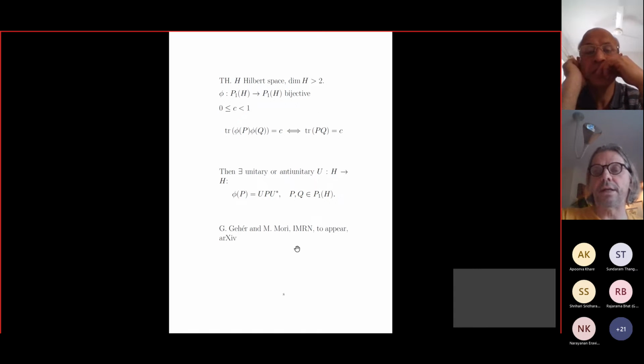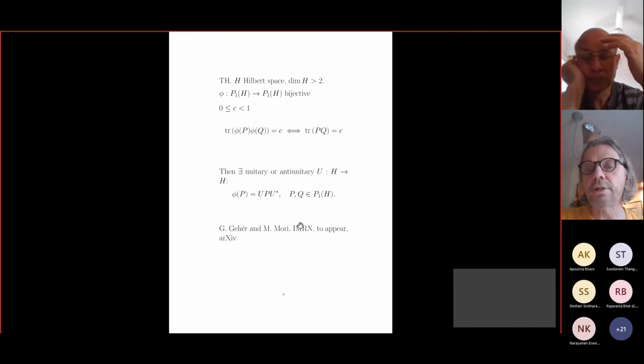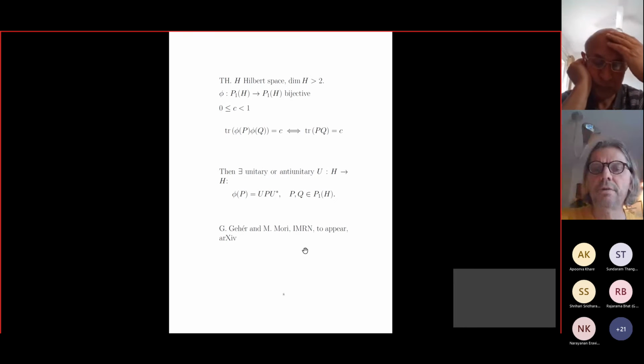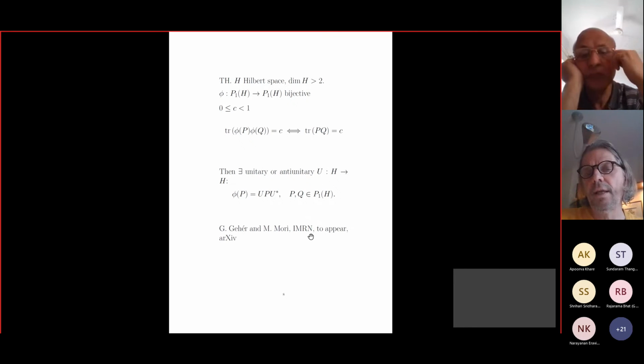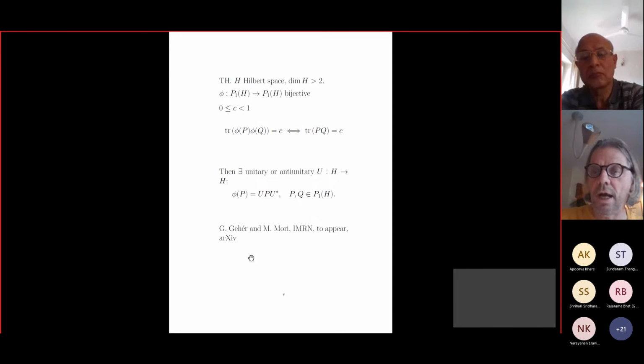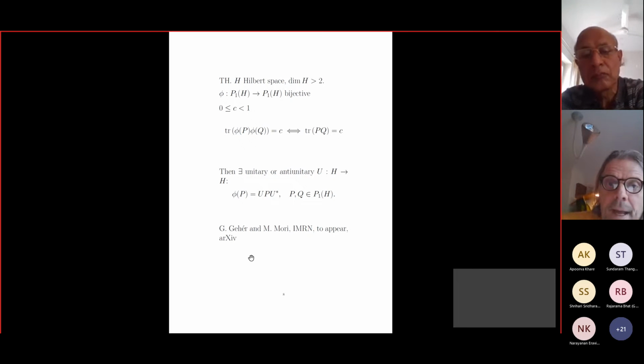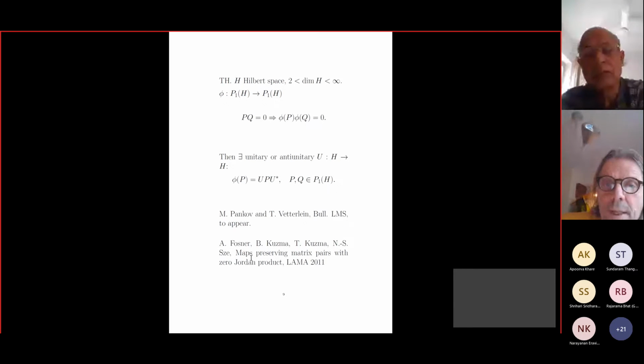It will appear in International Mathematics Research Notices. So this is a rather new result. I believe the electronic version is already available on the IMRN webpage. If not, you can find the paper on arXiv. Now, what do we have here?